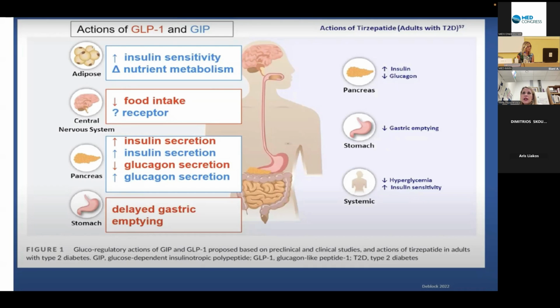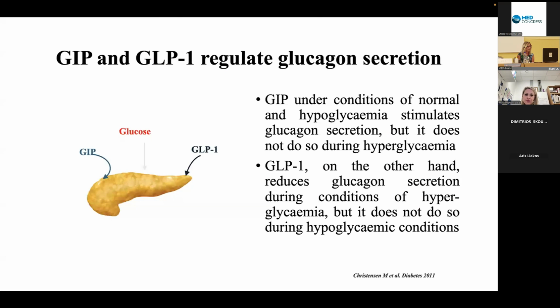Both GIP and GLP-1 act in the pancreas to increase insulin secretion by lowering glucose. However, the effect on glucagon is opposite, and the impact remains to be seen. I would like to point out one organ where those two hormones do not overlap, which is the stomach. And finally, on the right side, in purple, are summarized the actions of tirzepatide in subjects with type 2 diabetes mellitus.